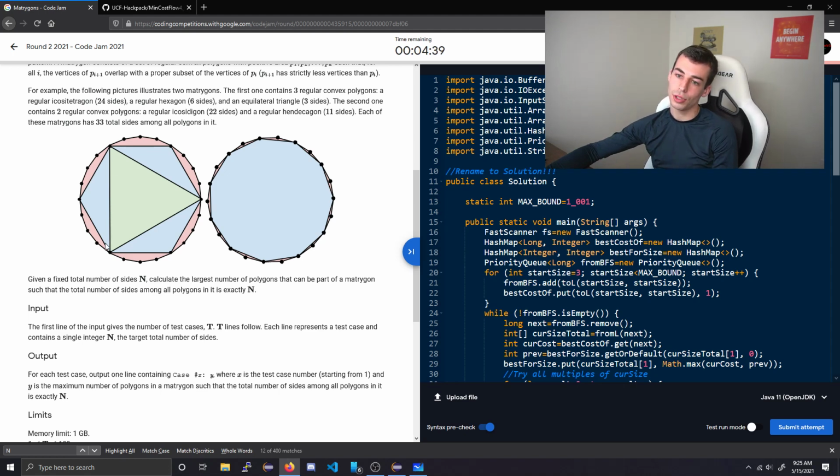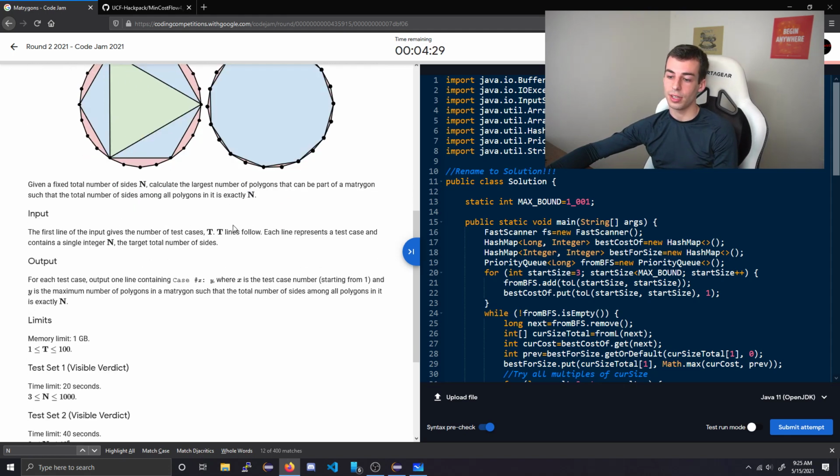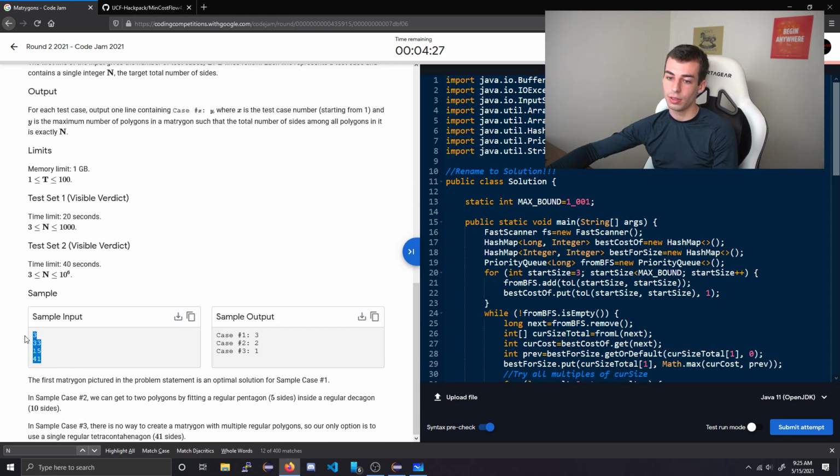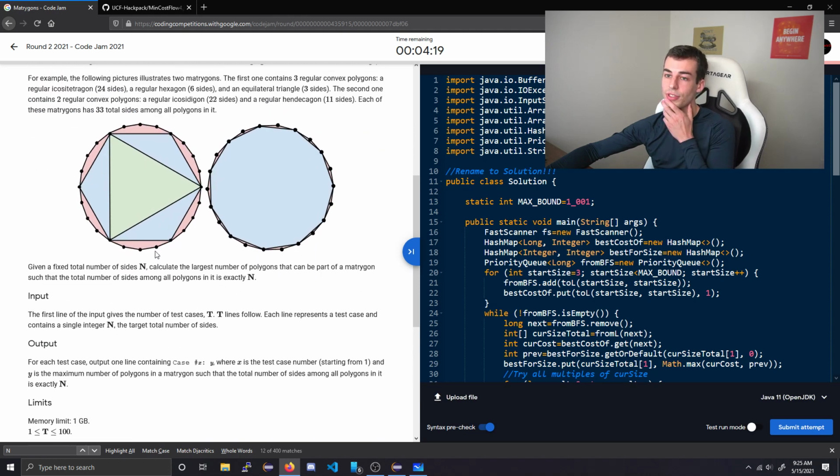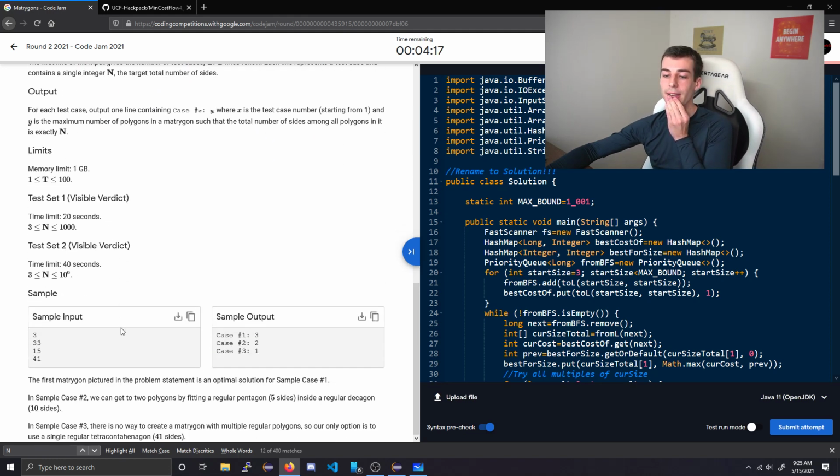Oh, maybe you could start with one thing and then divide it up. So you multiply it by some constant. Yeah, so you have some constant at the end, the total number of sides. So you can multiply this by any constant at the end.